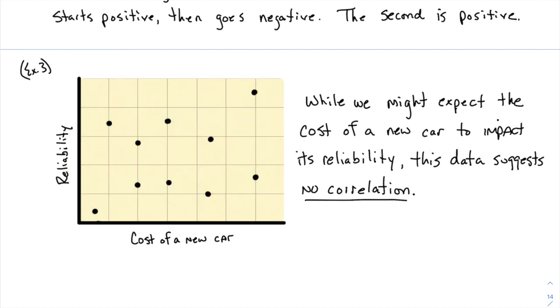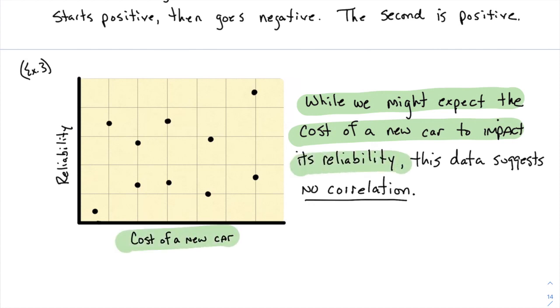Because there's nothing to go on, I wrote down, while we might expect the cost of a new car to impact its reliability, because that's what this is showing, the data that we have graphed suggests that there's no relationship. If there's no relationship, there is no line. And if there's no relationship and there's no line, then we cannot make predictions in this example that the cost of a new car has any impact on the reliability of that car.